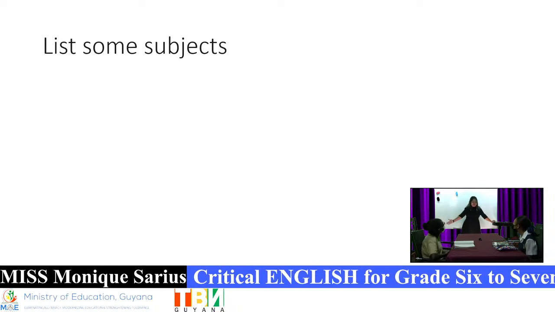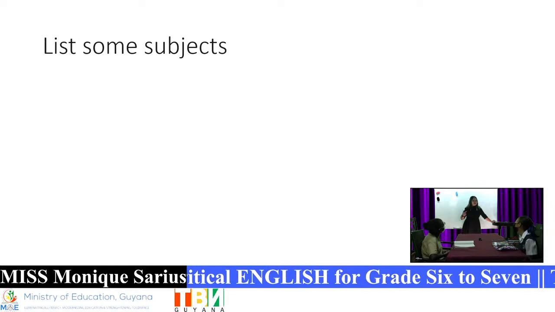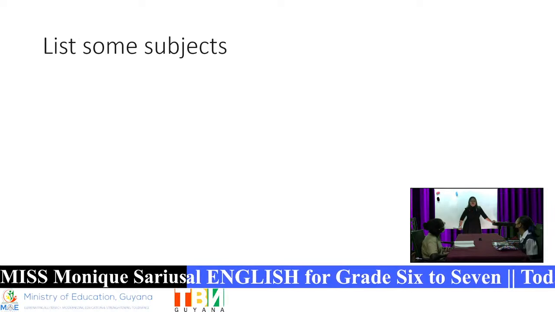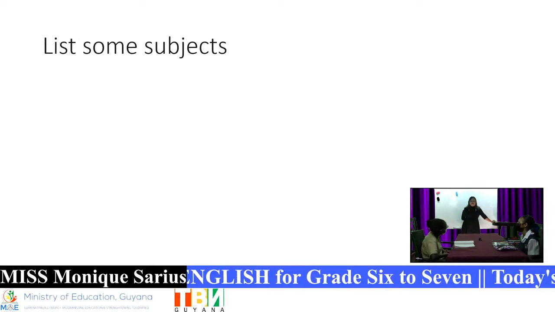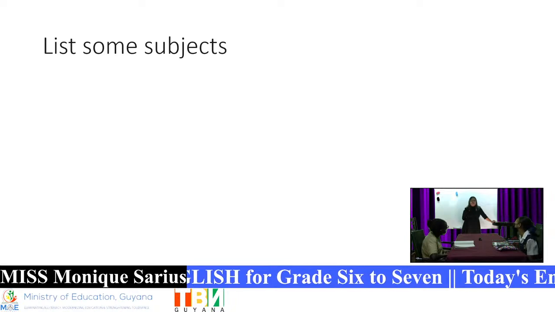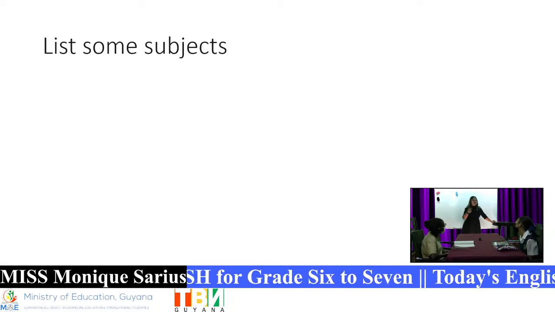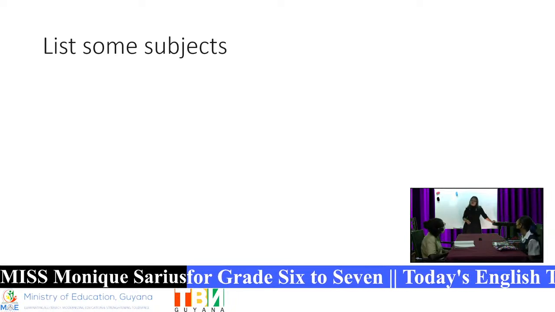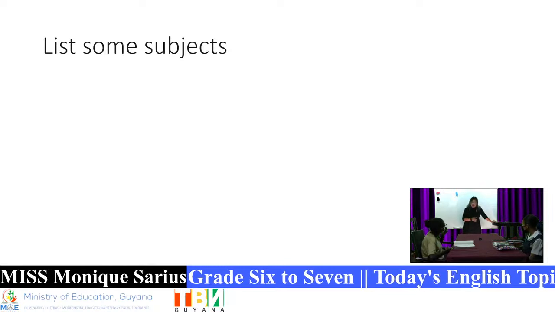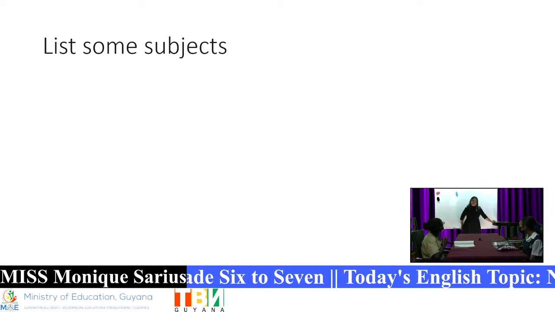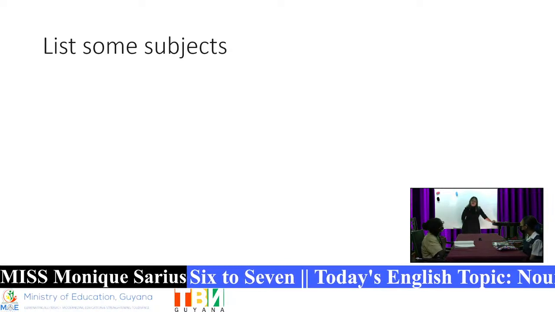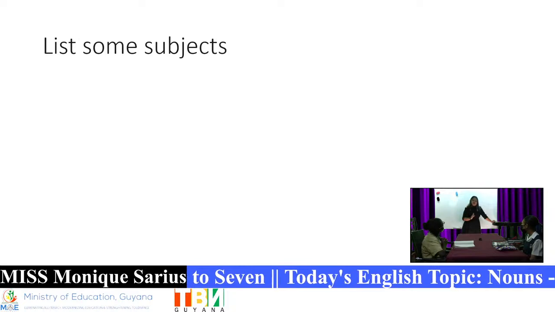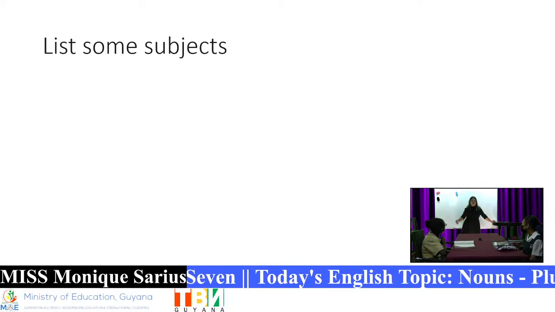Chairs, and it is plural. Good. One more you have to give me. Lights, and those are plural. Very good. Since we got a lot of plural examples from Azaria, I'm going to ask Alicia to give us some singular examples. We're talking about subjects that can either be nouns or pronouns. Go ahead.